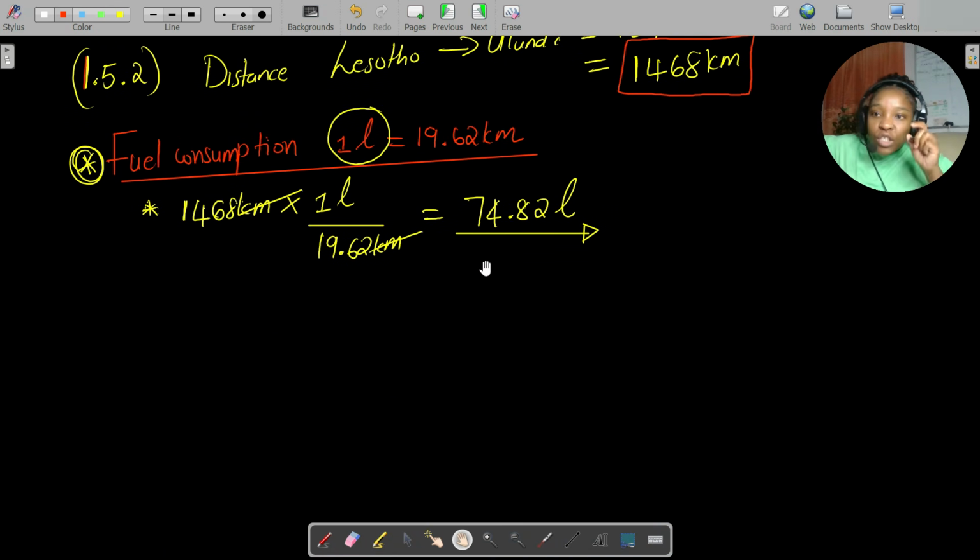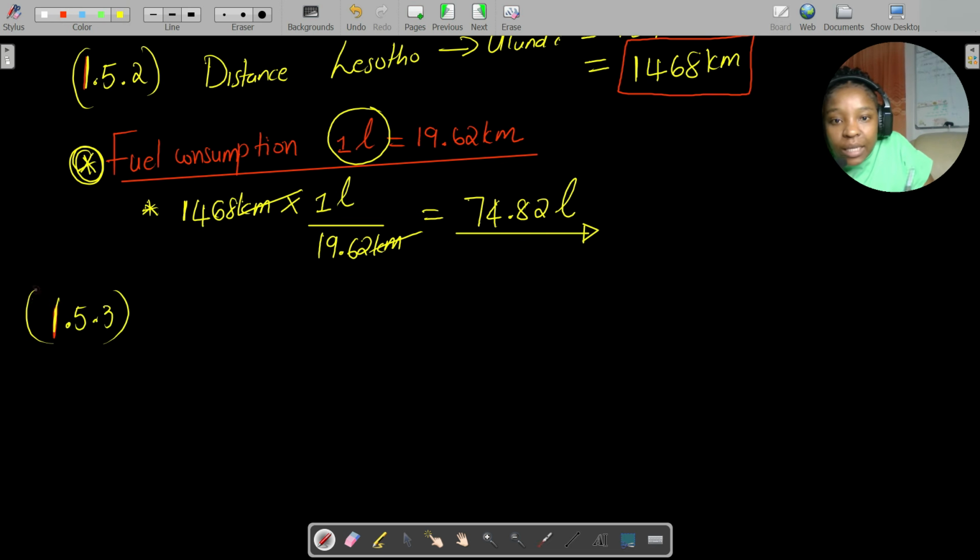If she is going to be using 74.82 liters of petrol, how much would she then pay for those liters?